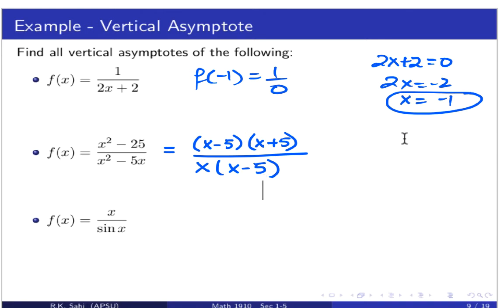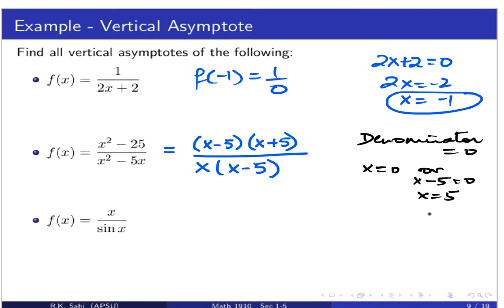First of all, where can the denominator be 0? That's where we start. The step is to put the denominator to be 0. So that means either x is 0 or x minus 5 is 0, which means x equals 5. Now, there are two values which we get, x to be 0 and x to be 5.